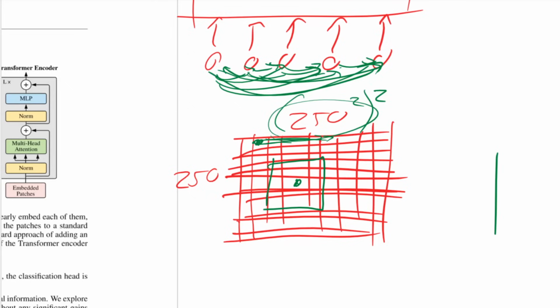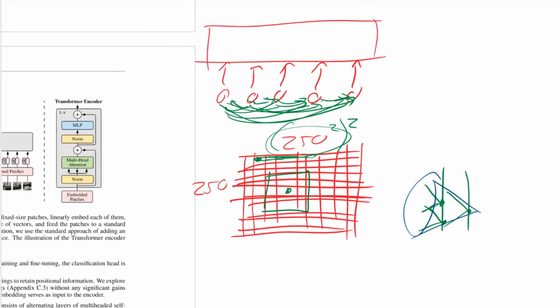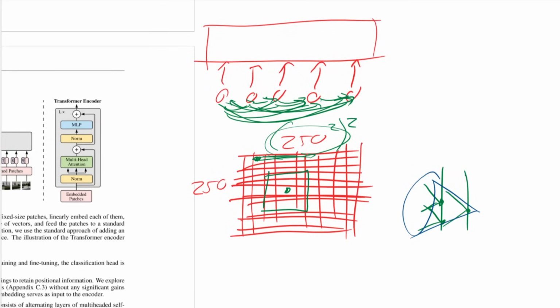So the first layer, this part might attend to a cone around itself, and this part might attend around a cone around itself. But then in the next layer, the thing that attends in the same cone will have a larger effective receptive field, right? So the receptive field grows by depth. However, transformers are able to attend within a single layer to everywhere.